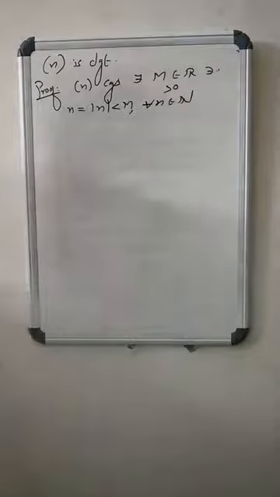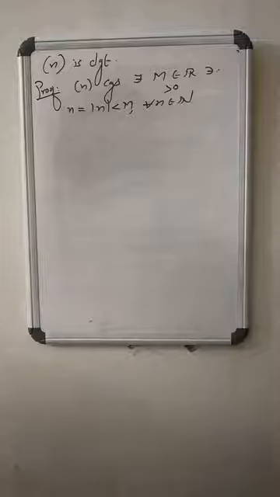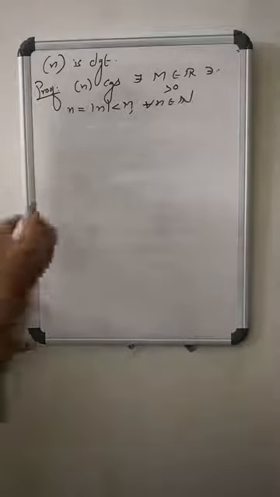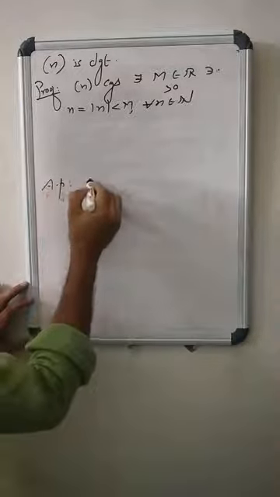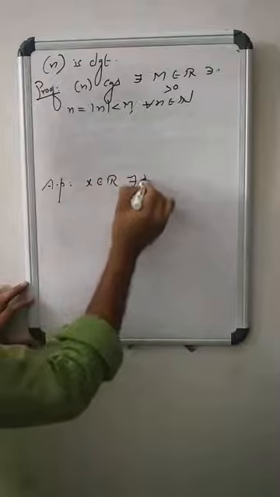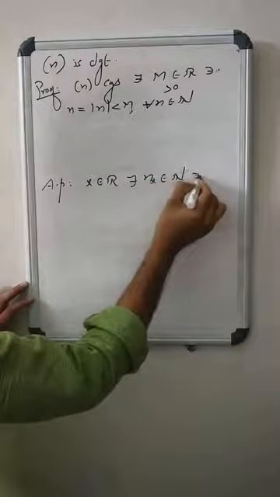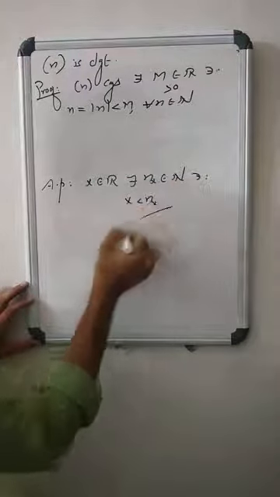If the sequence converges, being a sequence of real numbers, then there exists a positive real number M such that modulus of n is strictly less than M by the definition of convergence. But by the Archimedean principle, what is the Archimedean principle? For any x in R, there exists a natural number nx such that x is strictly less than nx.